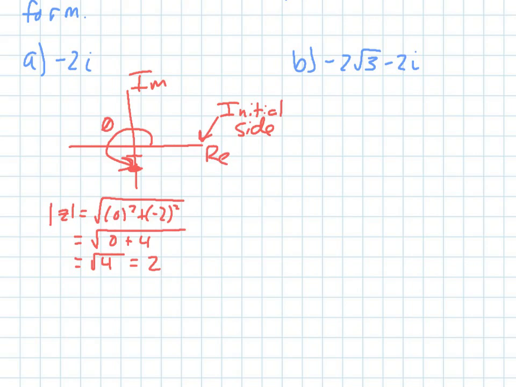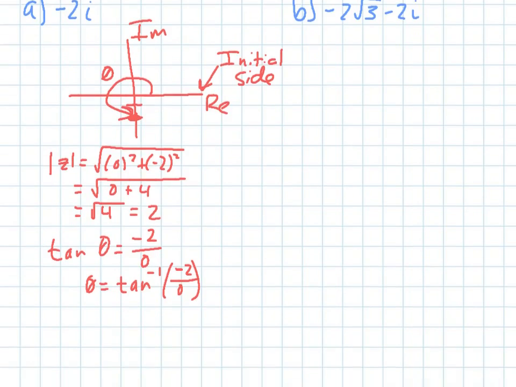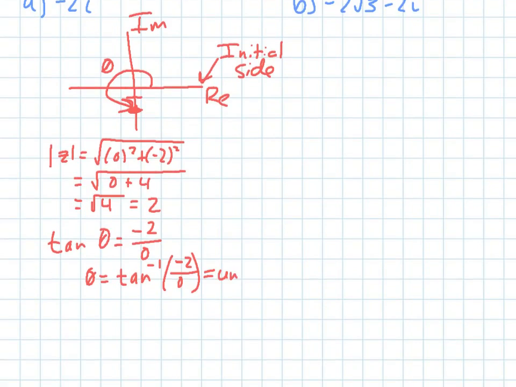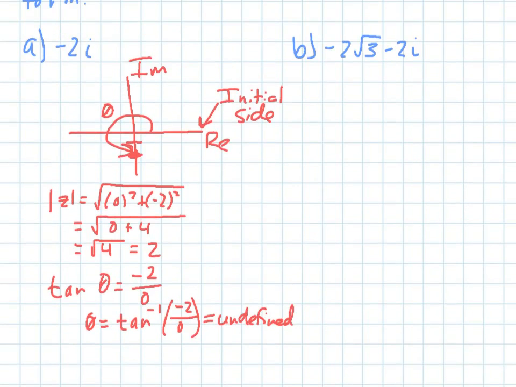Now you want to be able to find your angle measurement. So tangent of theta is going to be equal to b over a, which is negative 2 over 0. Look at this, because remember this means undefined: if you plug this into your calculator as it is for your inverse tangent, you do not get an angle. So go back to your picture to help you out.